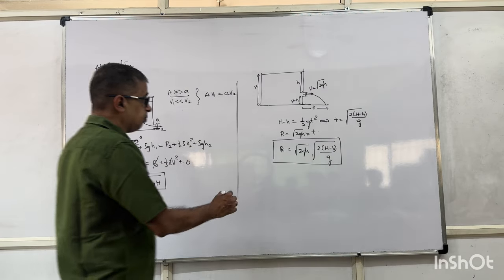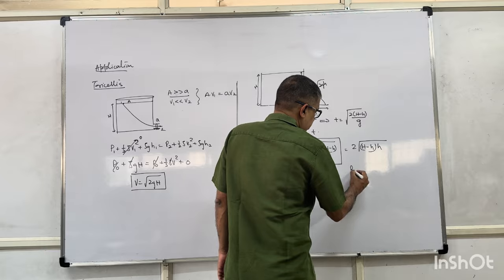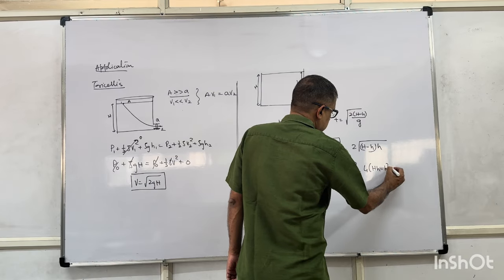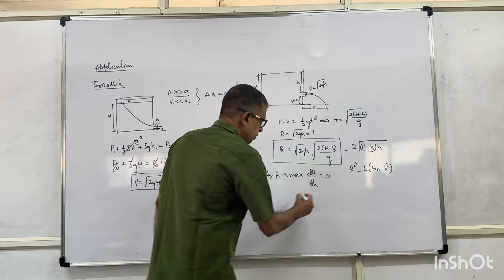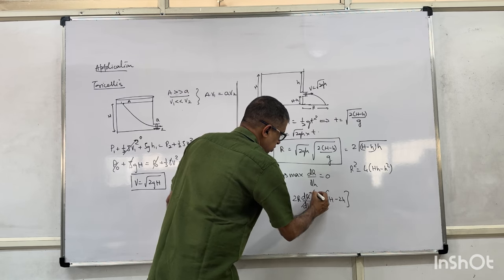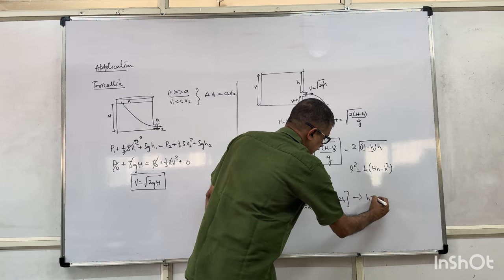At what height should I pin a hole so that the range is maximum? If I differentiate this, I'll first square it: 4 times h(H minus h). So 2R dR by dh, chain rule I applied, 4 times (capital H minus 2h). This will be 0. That implies h is equal to H by 2.